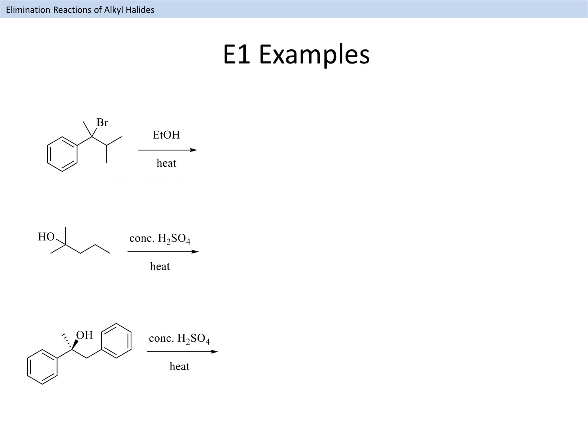Let's now look at some specific examples of E1 elimination reactions. There are a few key characteristics that all of these reactions share, which make them favor the E1 mechanism over E2 or SN2 mechanisms. As we work through these examples, see if you notice those patterns.